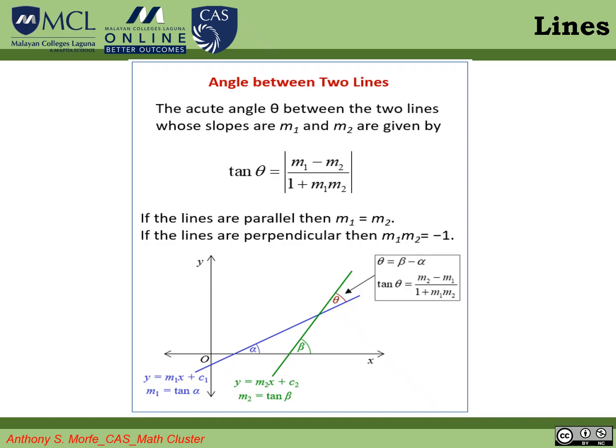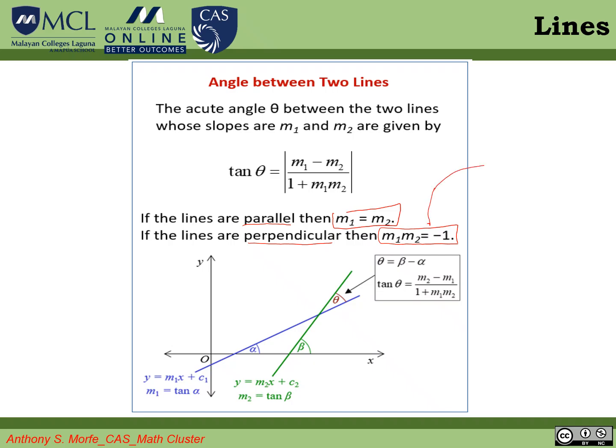If the lines are parallel, we know that their slopes are the same, they're equal. If the lines are perpendicular, then we have m1 times m2 equal to -1. Where is this coming from?